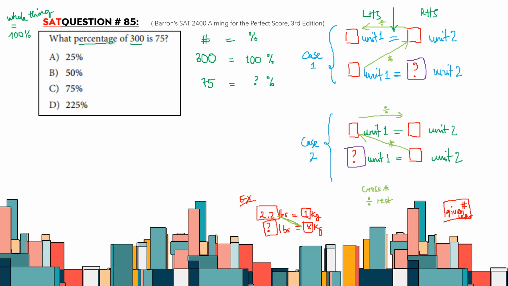Then we will have the answer. Cross multiply, divide by the rest. First we set up, we cross multiply the given numbers, then we divide by the rest and we have the answer.